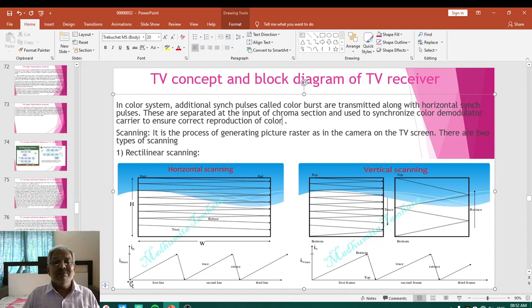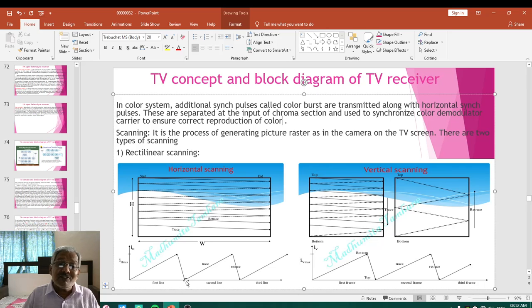Hence, the current that flows through the horizontal deflection system rises slowly. When the spot reaches the right, the current becomes maximum. This is known as the trace period. But when the spot moves from right to left, the current starts decreasing in the horizontal deflection system.